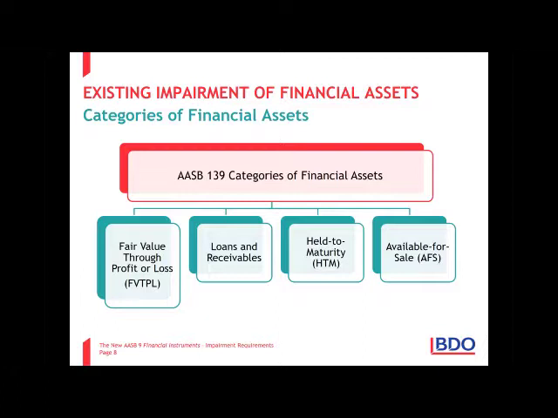And then there are rules on when you have to do impairment testing on these available for sale financial assets, and if it's impaired, you remove your reserve to profit and loss as an impairment loss. So currently, the whole impairment of financial assets in AASB 139 is built around these four categories of financial assets.